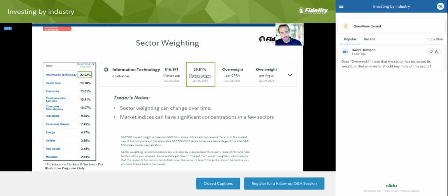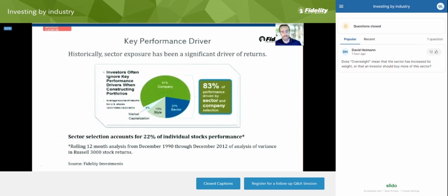Fidelity and the analysts have done some research over the years. And this is taken from one of the research papers that you can find still on the Fidelity website. And we can even show you how to link to the full research report where this data came from. But what Fidelity's research has found is that sector exposure has been a significant driver of returns for stocks.